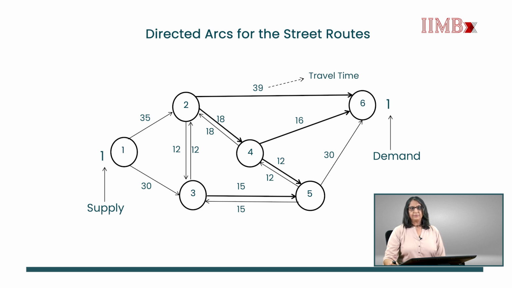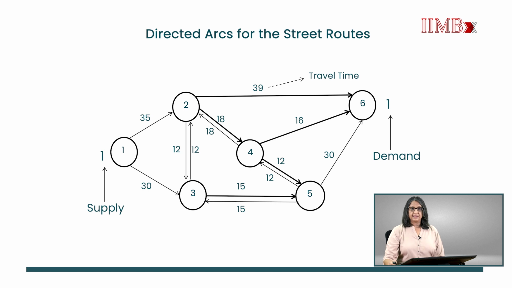So node 1 is our origin node, node 6 is our destination node, and we are saying that they have a supply and a demand of 1 each. So you can imagine then we will see how to push this supply from the origin node to the destination node at a minimum cost, being time over here.